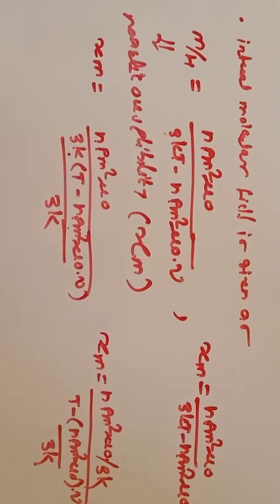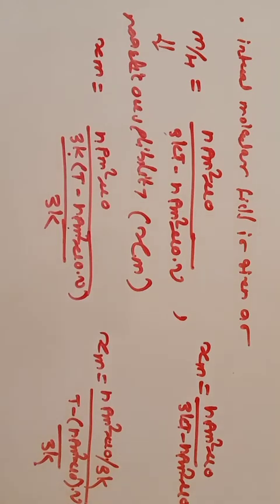So first, for taking 3k as a common, you have to divide the denominator term by thrice k, and then we get n pm square mu 0 upon thrice k divided by t minus n pm square mu 0 upon thrice k into gamma.